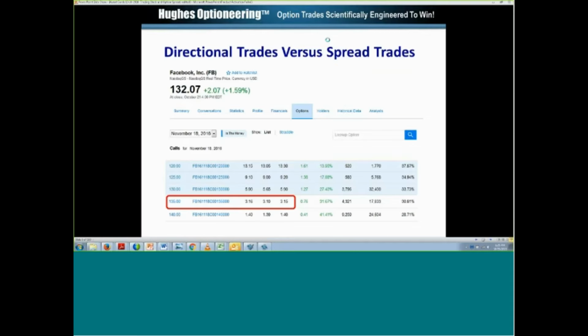Here I took a snapshot of the Facebook option chain recently. Facebook was trading at 132.07, and if we were going to buy the 135 strike call, this option is about 1 month out. We'd pay $3.15 to buy the 135 strike call.